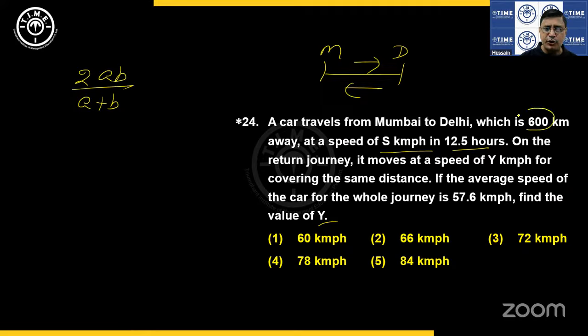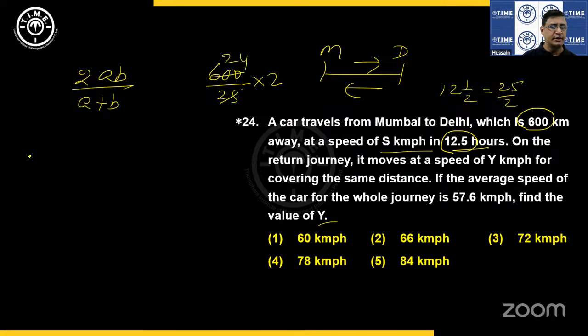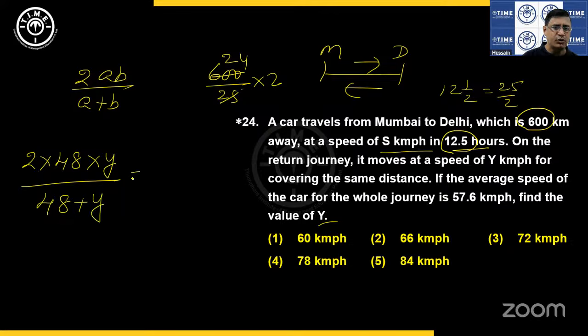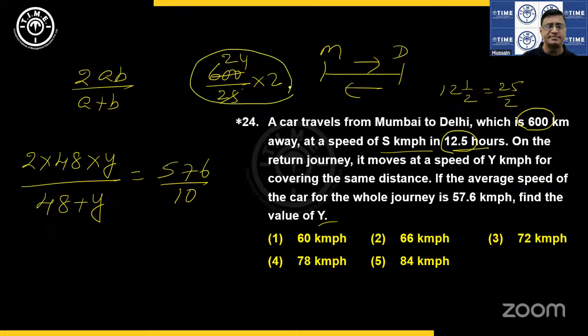Here 600 kilometers is covered in 12.5 hours. What do you mean by 12.5? 25 by 2. So 600 by 25 by 2. 25 goes how many times? 24 times. So 2 into 48 into y by 48 plus y is equal to 576 by 10. 2 times 24, that is 48 kilometers per hour.